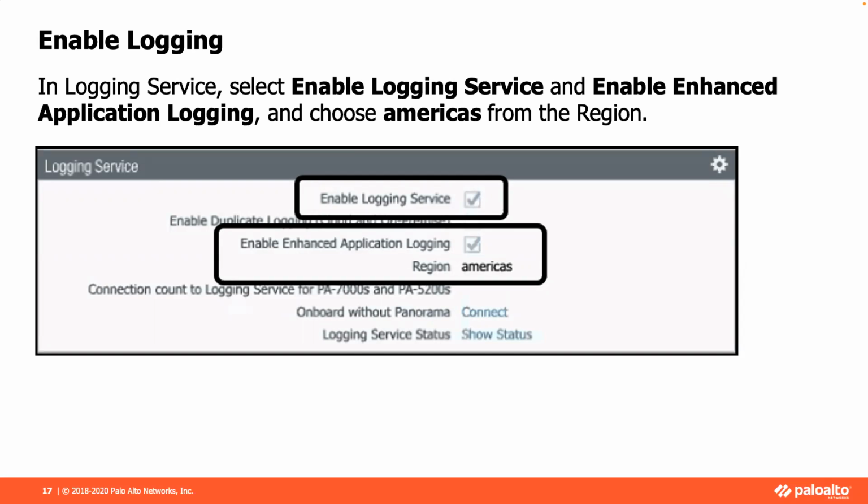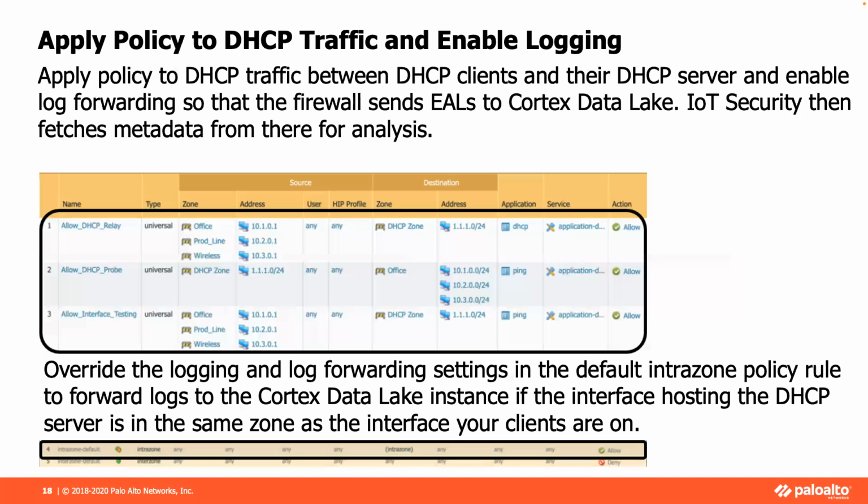Without the enhanced application logging, we cannot do IoT protection. We then have to have security policy rules to allow these DHCP interactions to take place, but we have to have rules to log it, right? So you have a security policy rule that says, let this happen and block this other stuff.